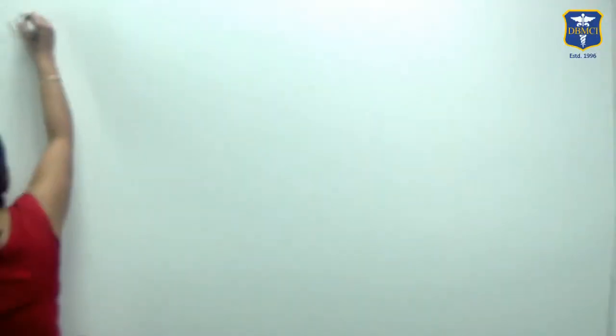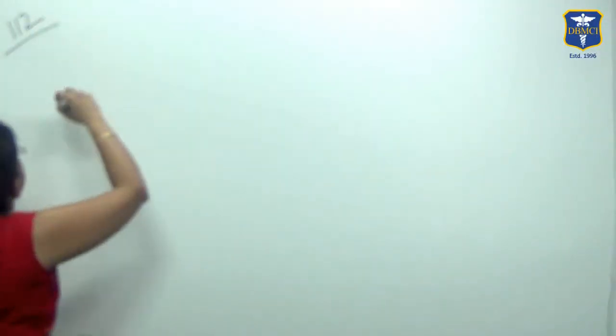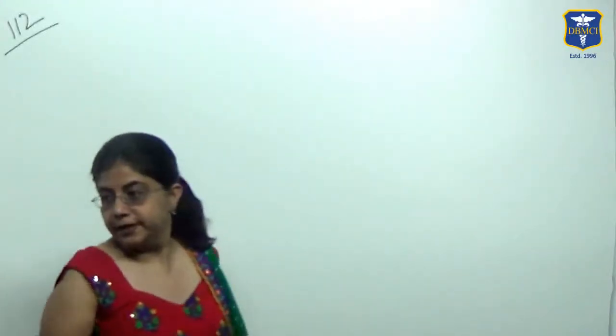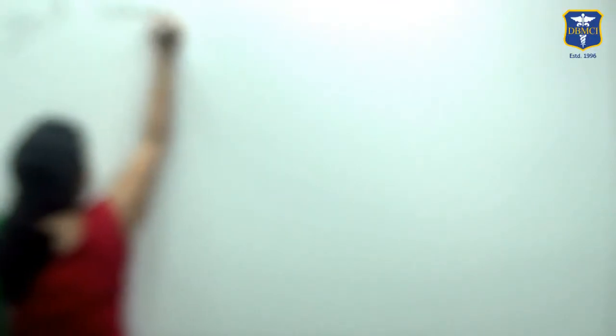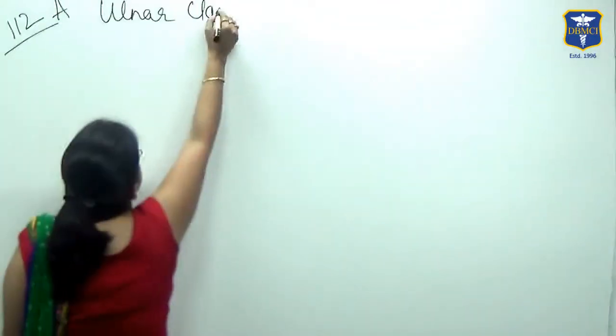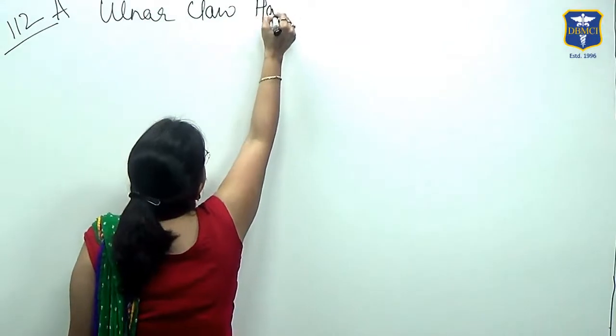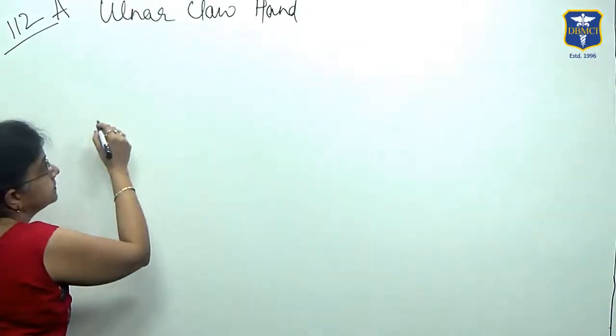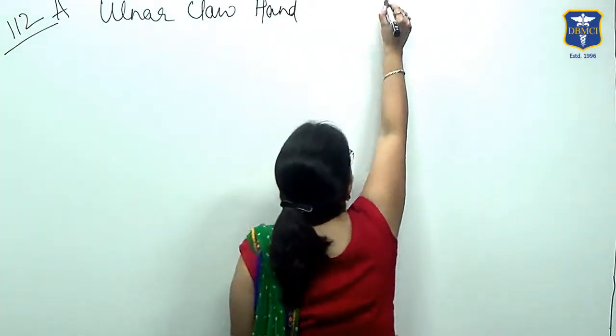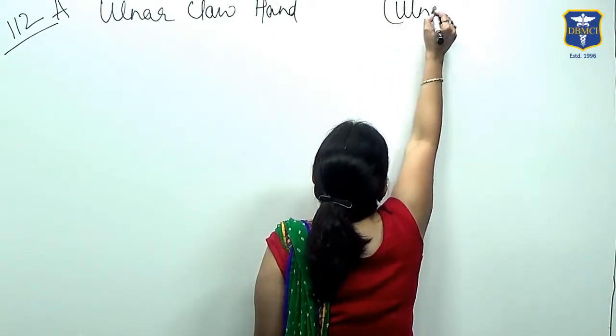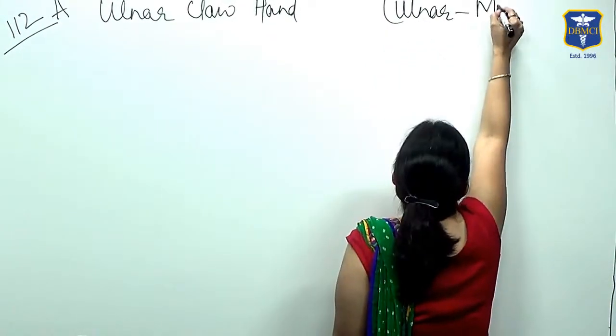Question 112. The answer is A. This is the ulnar claw hand. The ulnar nerve is also called the musician's nerve.